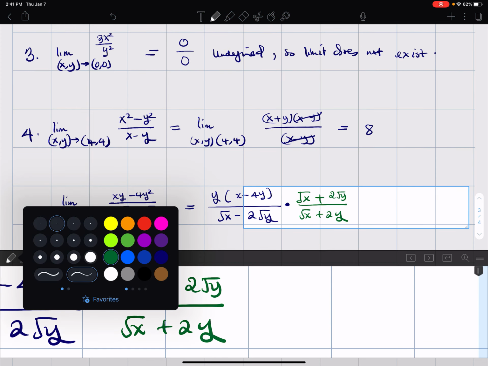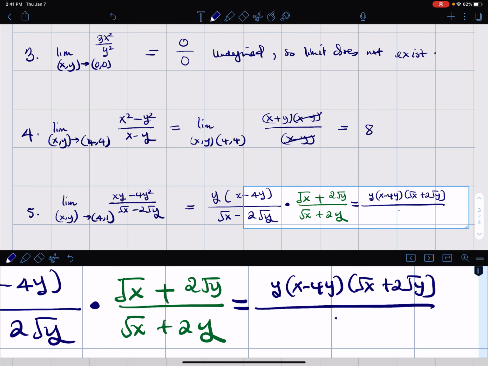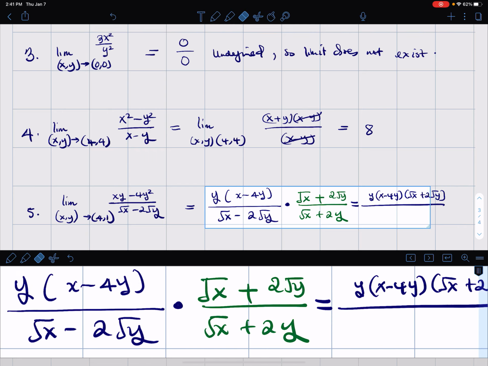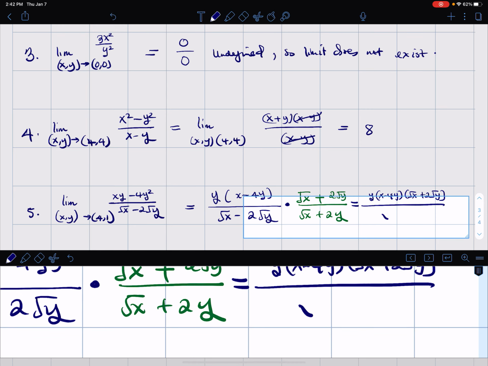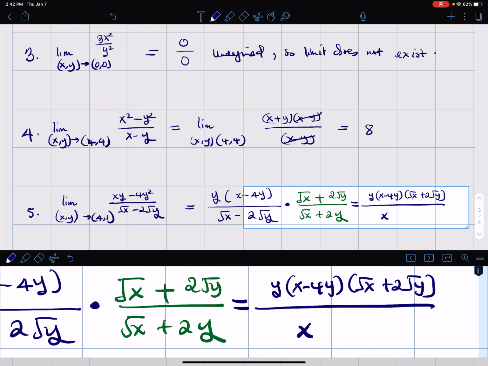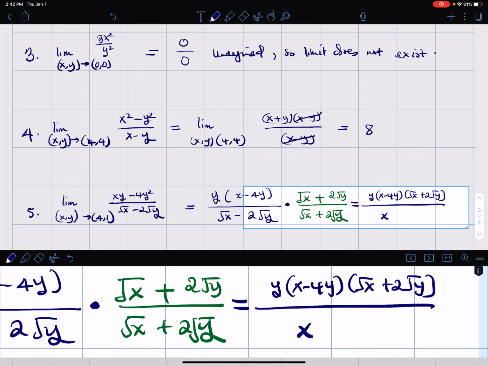What do we end up with? We end up with y times (x minus 4y) times root x plus 2 root y, all over the bottom, which is just root x squared, which is just x, minus 2 root y squared, which is just 4y.